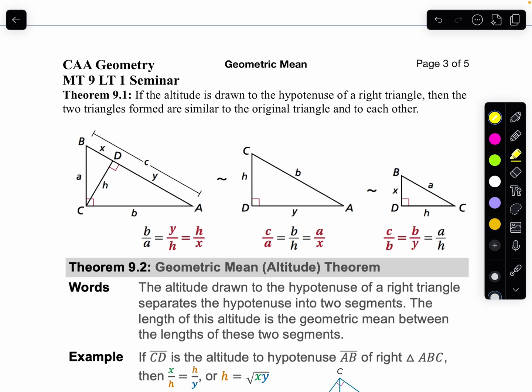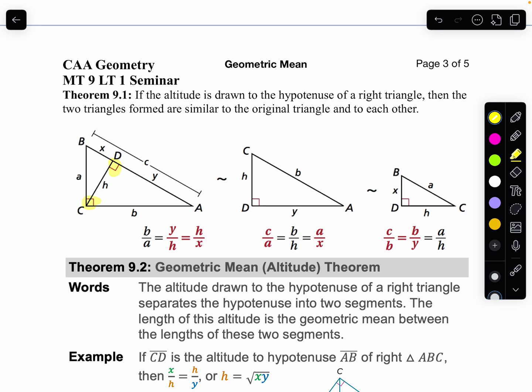Now you had this question as a bonus on your Chapter 8 quiz. And so the same thing shows up here. If I have a right triangle, that's a key one. You've got to have the right triangle. And then if I draw the altitude to my right triangle, it splits that triangle into 3 similar triangles.